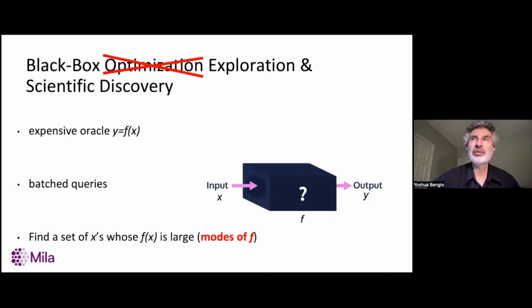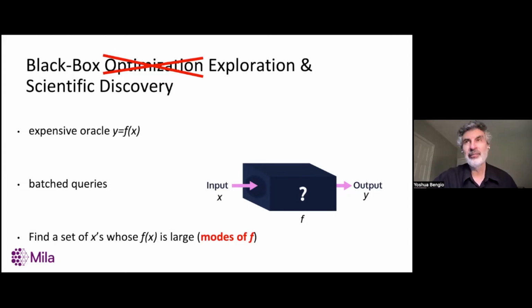So think about, you're trying to find a drug that has some property. Now, it looks like it's an optimization problem because you're just looking for the one thing that's going to work best. But I think you're better off thinking of it as an exploration problem, because there's this really large space, and you probably don't want to just find the one candidate according to some oracle or some computer simulation, or even in vitro experiments, that works best according to that oracle, because that oracle may be imperfect.